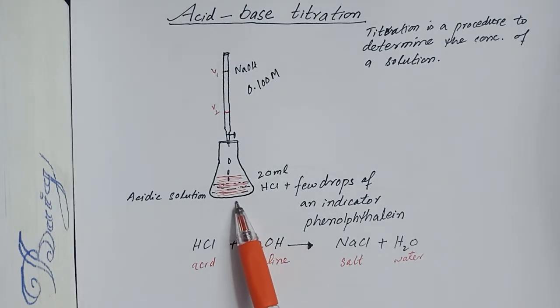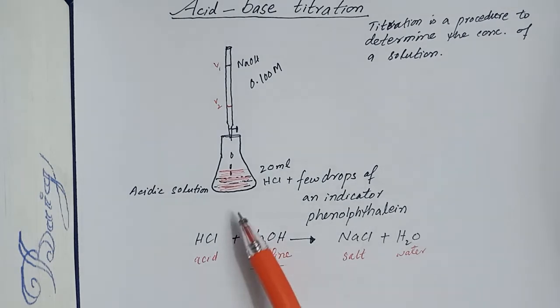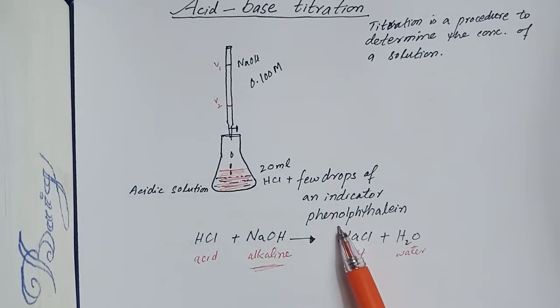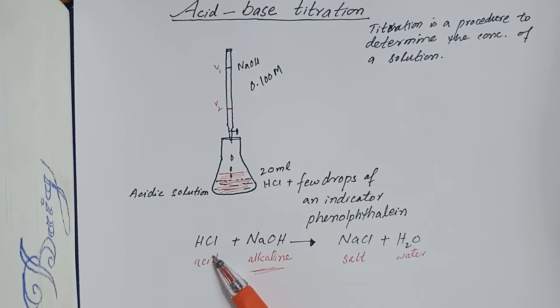As the indicator turns pink when the solution is slightly basic, the color of the solution in the conical flask is light pink. That is due to the presence of a slight excess of sodium hydroxide within the solution, which turns the indicator, phenolphthalein, pink. So this condition indicates that all the acid has been neutralized by the sodium hydroxide. So the light pink color is called the endpoint of the acid-base titration.